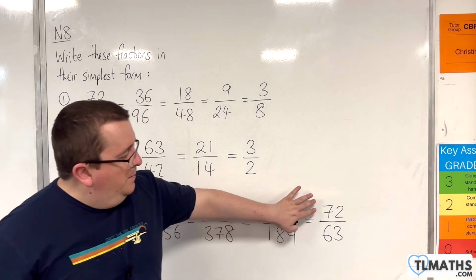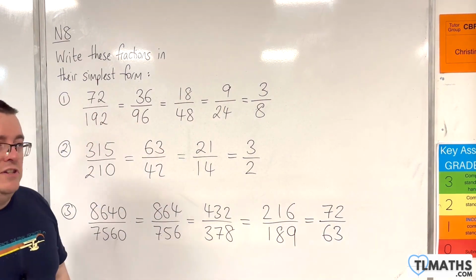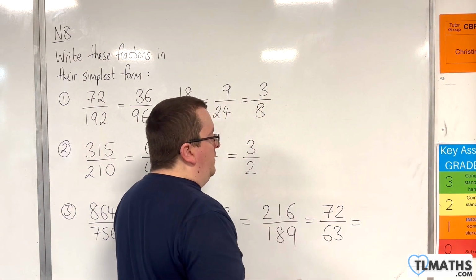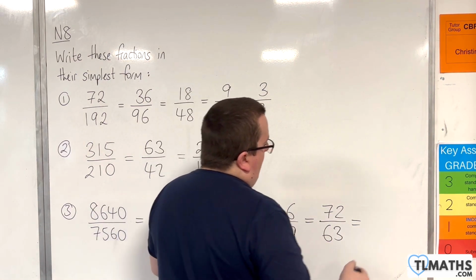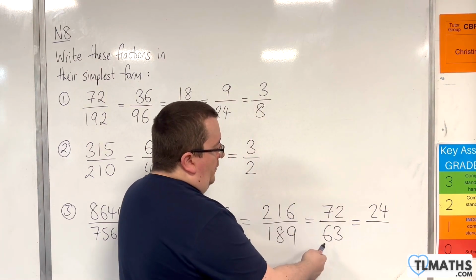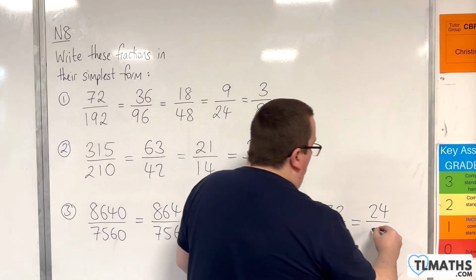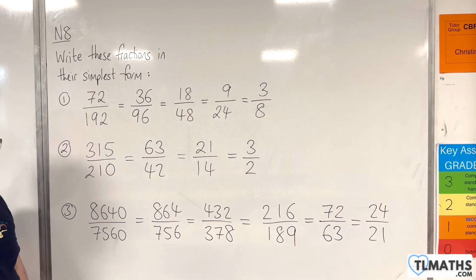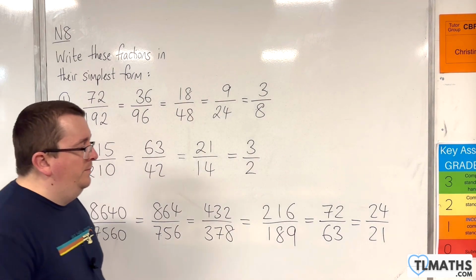Now again, both of those are in the 3 times table. So dividing 72 by 3, we're going to get 24. Over 63 divided by 3 is 21. Now 24 and 21 are also both in the 3 times table.